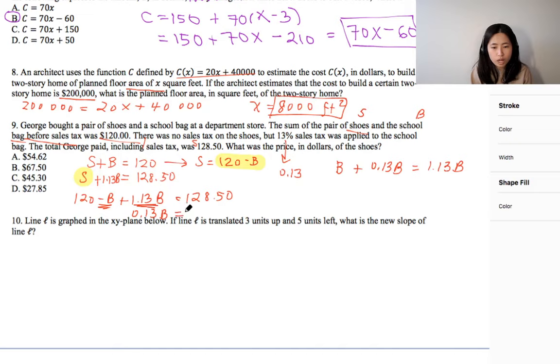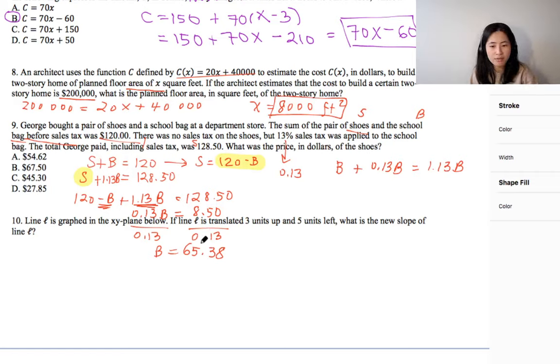And then you have 128.50 minus 120, and that's equal to 8.5. So isolating B, you would have to divide both sides by 0.13. So B is equal to 65.38. I know technically you don't really pay 38 cents. You would just have to round this to 40 cents. Okay, but let's just keep it as 65.38 for now.